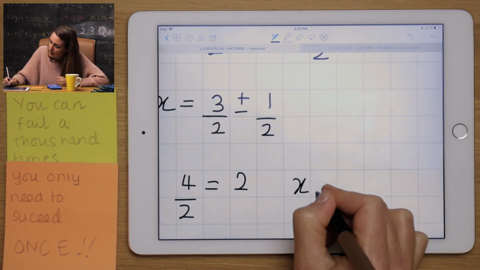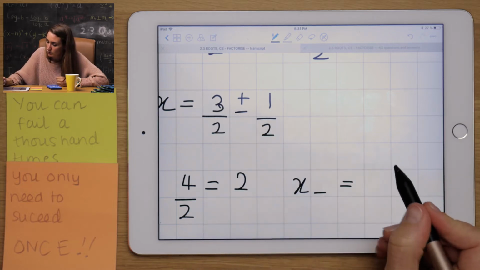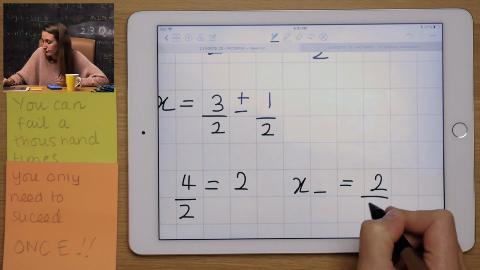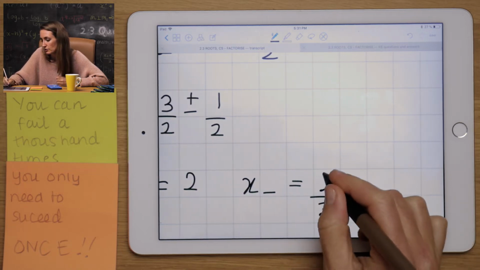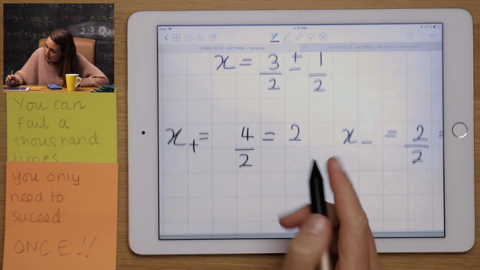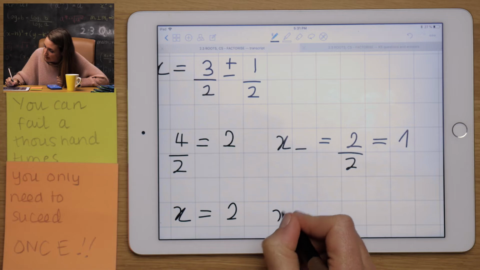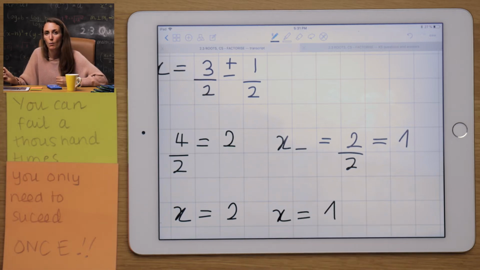And the x minus solution will be 3 minus 1, which is 2, over 2, which is just going to be 2 divided by 2 is going to be 1. So your two answers will be x equals 2 and x equals 1.